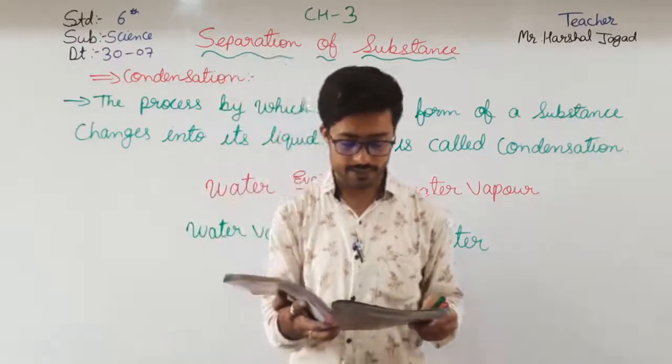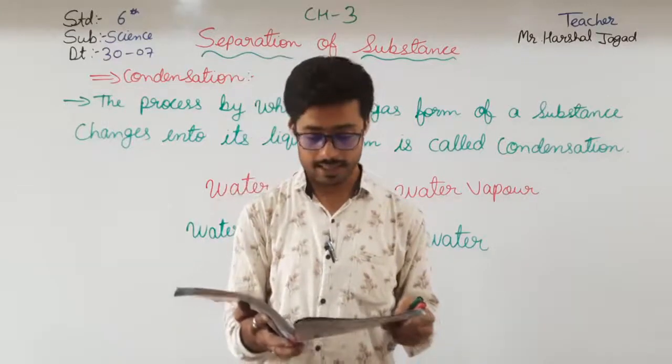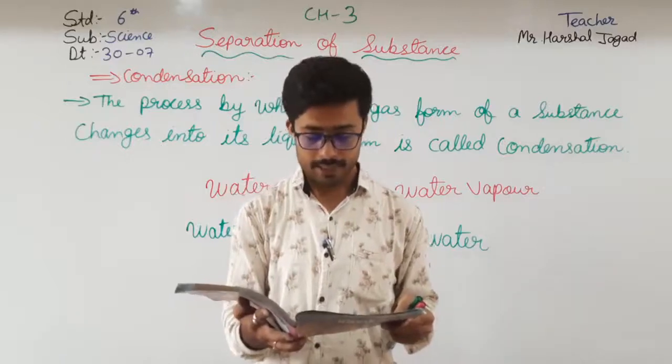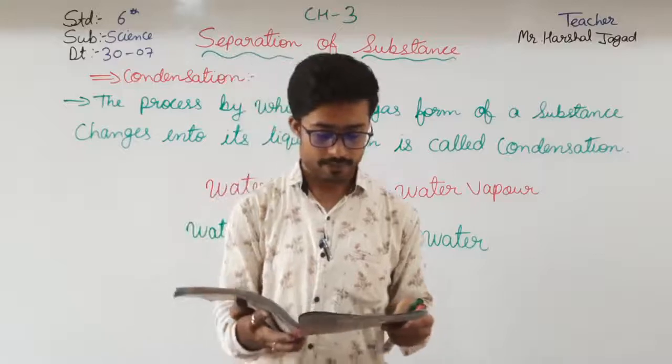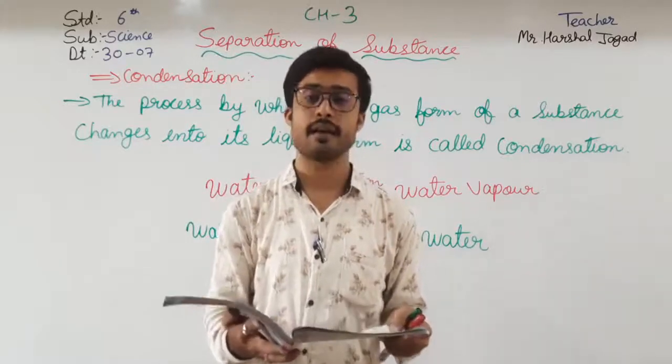Observation: water changes into steam through evaporation. The steam rises from the pan and condenses on the surface of the cold metal plate to form water droplets, which are collected separately. Salt is left behind in the pan and water is collected in the bowl.